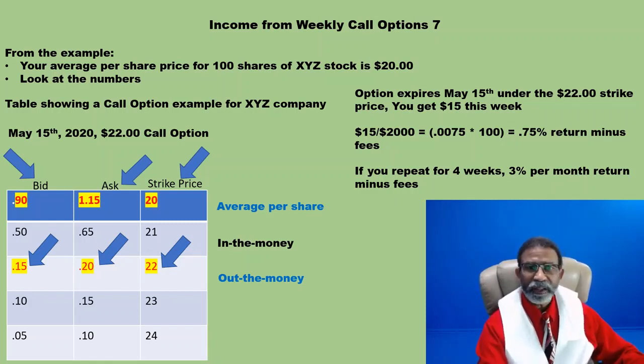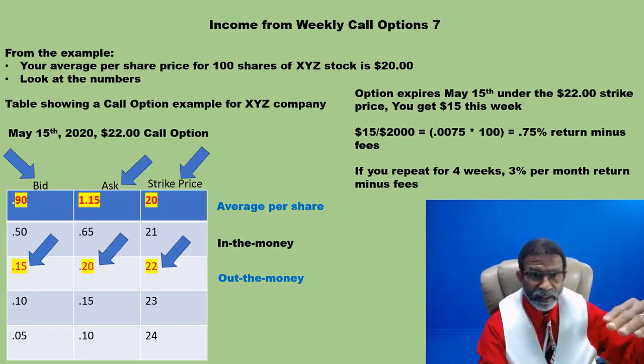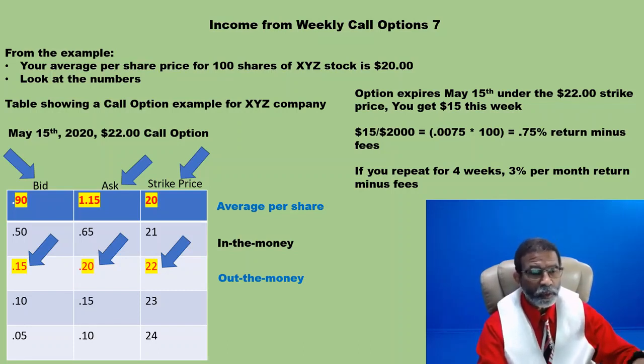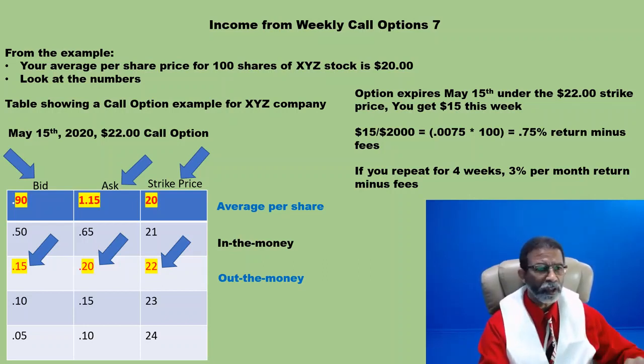Now, let's say the option expires May the 15th. If this option expires under the $22 strike price, since you sold the $22 out of the money call option, you would get the $15, because you sold the $22 strike price for 15 cents a share, and 100 times the 15 cents is $15. So for this week, you would get $15.